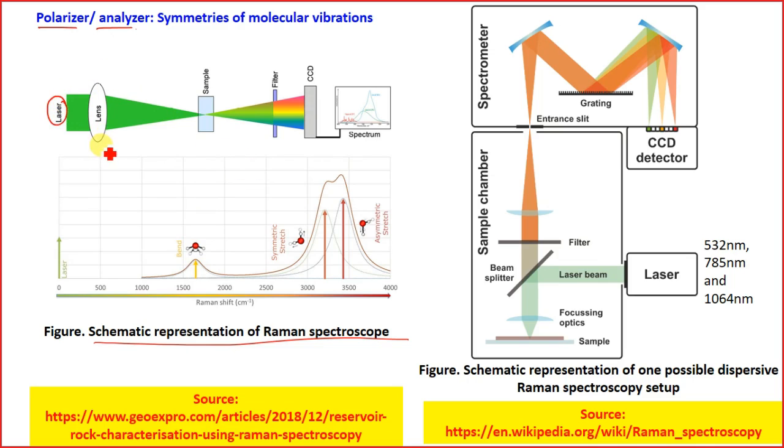Then we have the collimating lens, and this lens makes the radiation incident onto the sample, and at a 90-degree angle, we put a filter to block the primary laser wavelength. This filter is basically a notch filter.